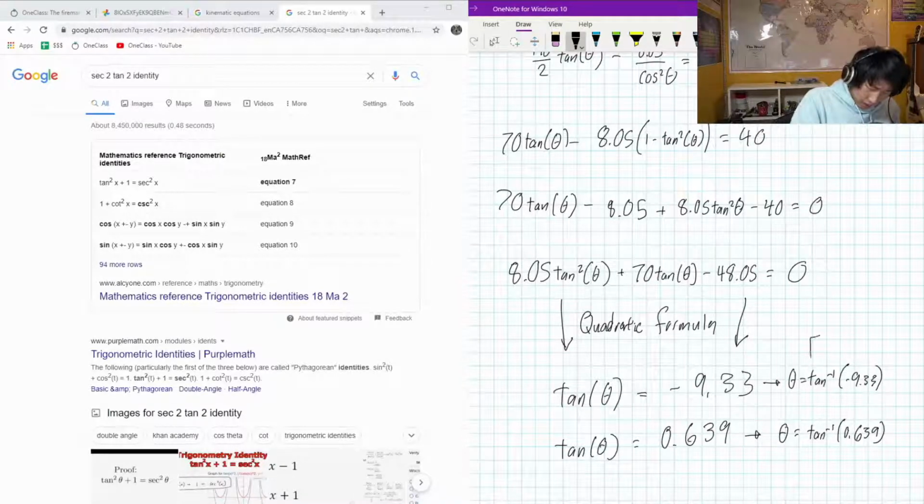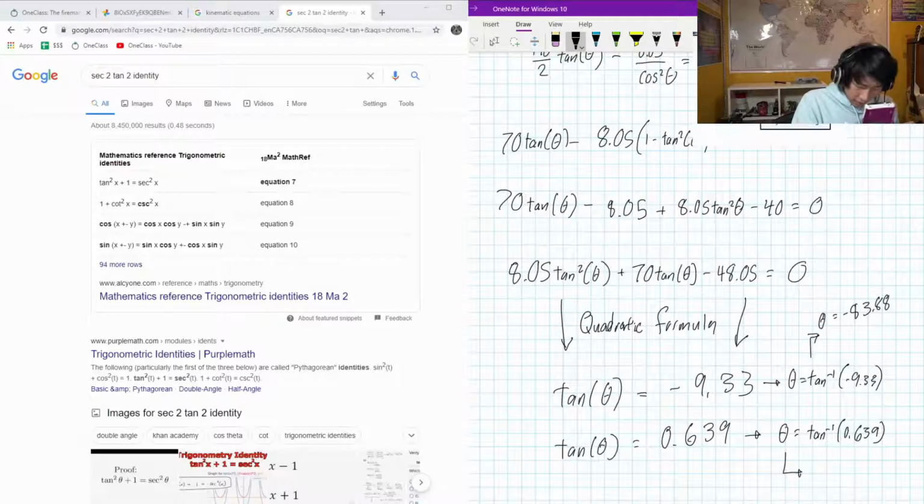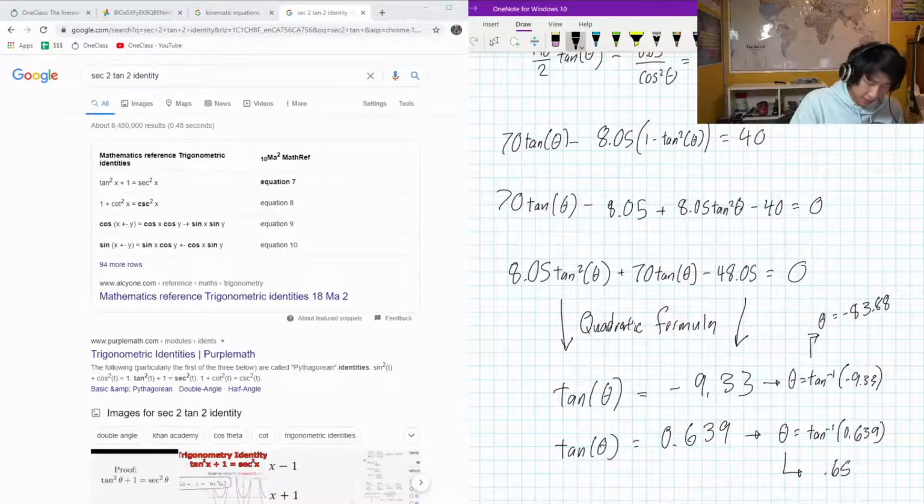So this here corresponds to theta equal to negative 83.88, and this one corresponds to tan inverse of 0.0639, and that's going to correspond to 3.65 degrees.